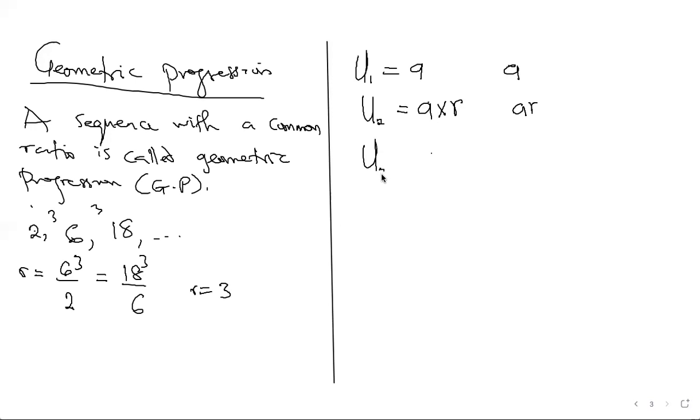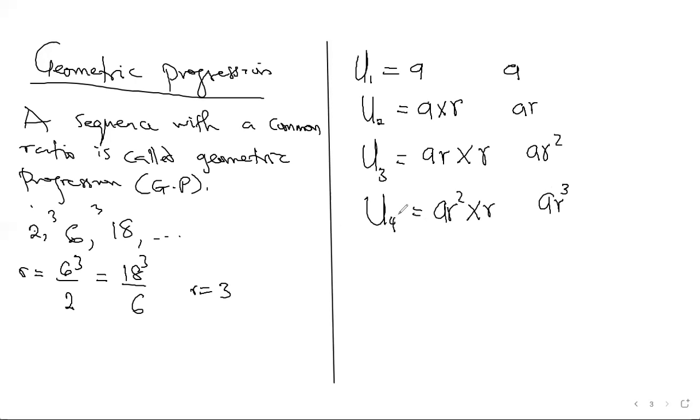Then for the third term, when n is 3, I multiply the second term, ar, by the common ratio again, and that gives me ar squared. If I want to get the fourth term, I multiply the third term by the common ratio again. That gives me ar raised to power 3.